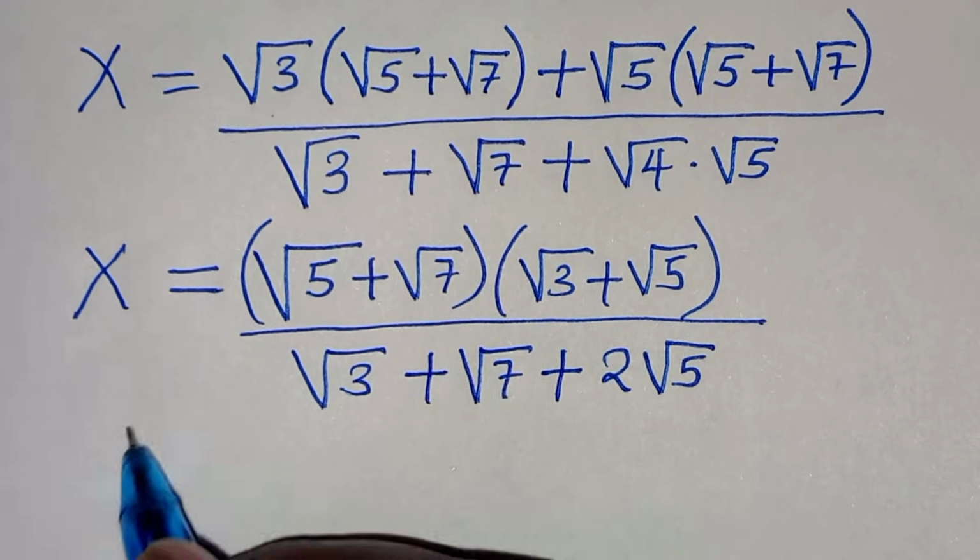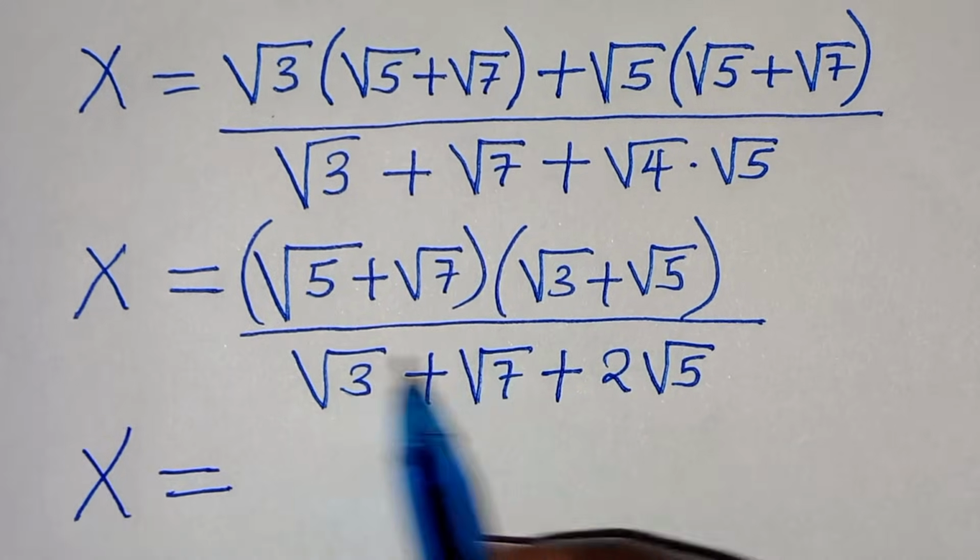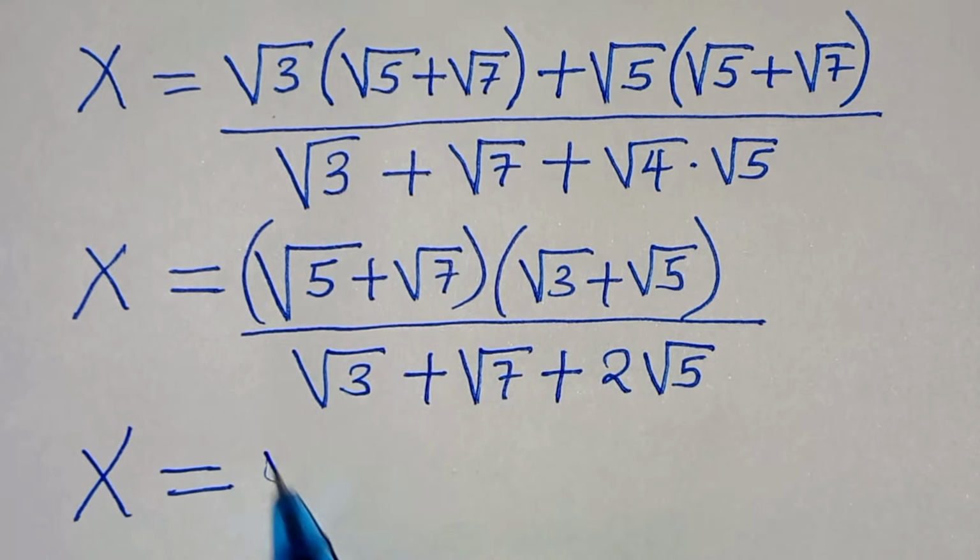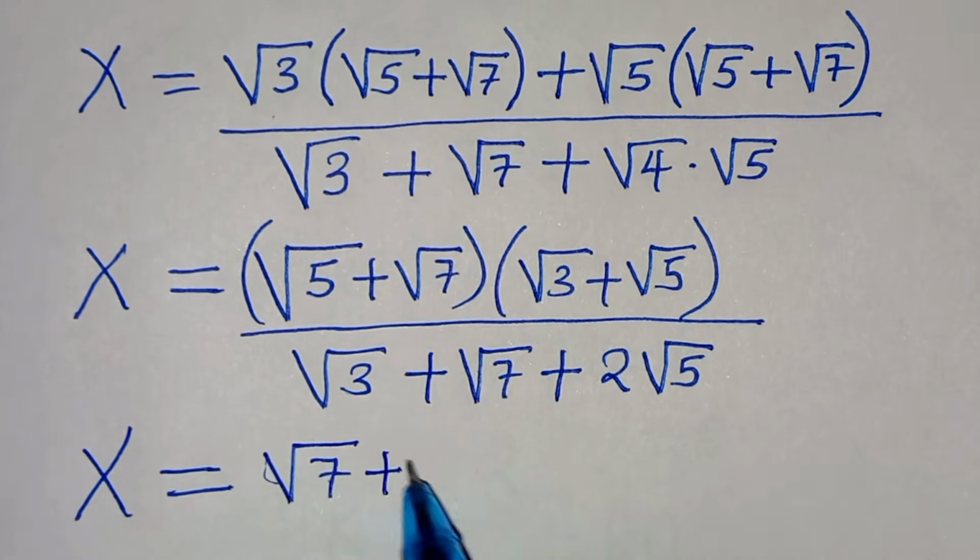The next step is that we have x is equal to, now we can express this as square root of 7 plus square root of 5.